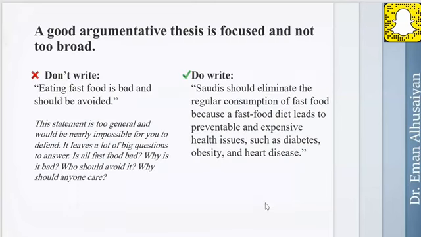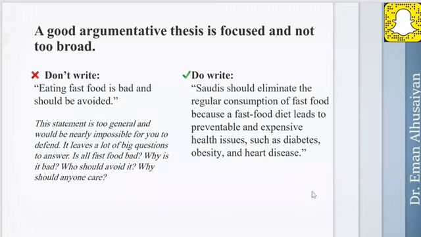Let's take an example. Now we're speaking about the argumentative essay. A good argumentative thesis is focused and not too broad. What does this mean? It means that you shouldn't mention facts or obvious opinions that most people, if not all people, will agree upon.